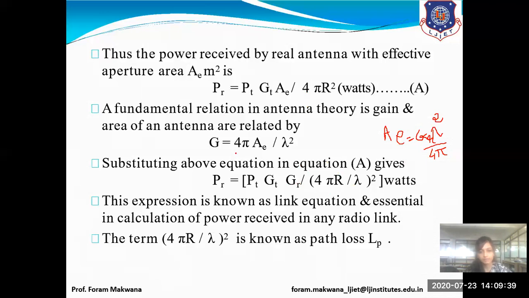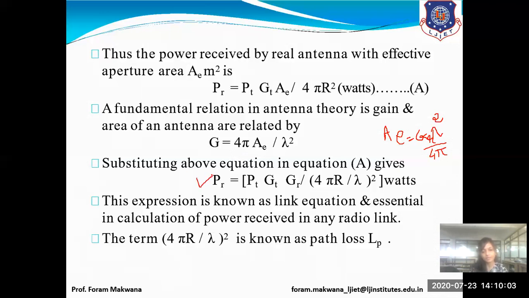Right? Why is it watts? Because meters are going to be cancelled out. So this expression is known as the link equation, and it is essential for the calculation of power received in any radio link. So this is the received power.